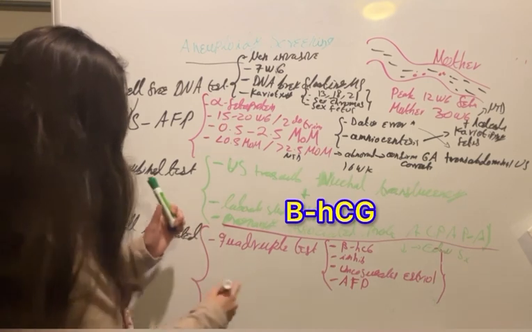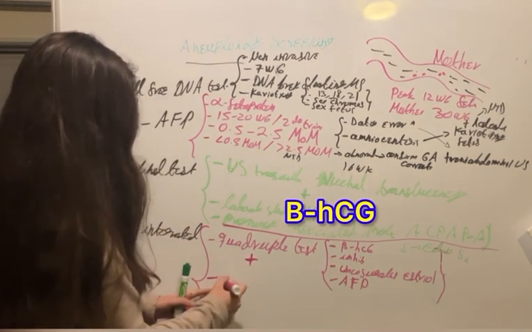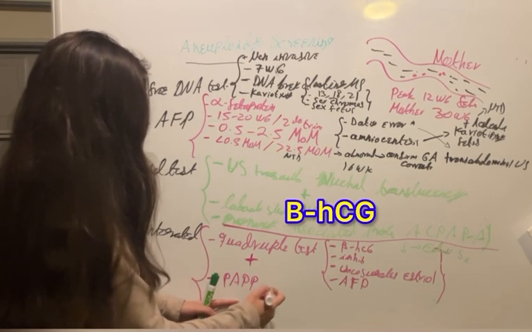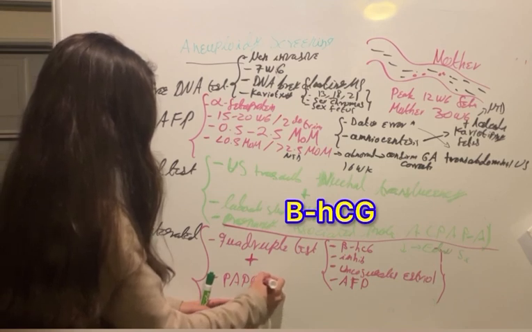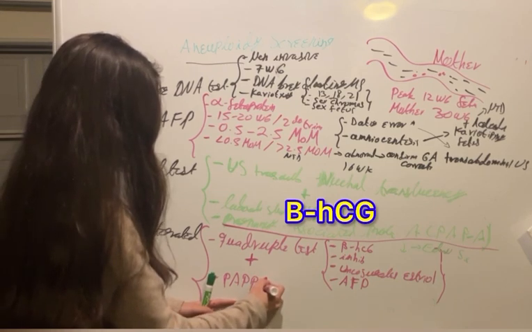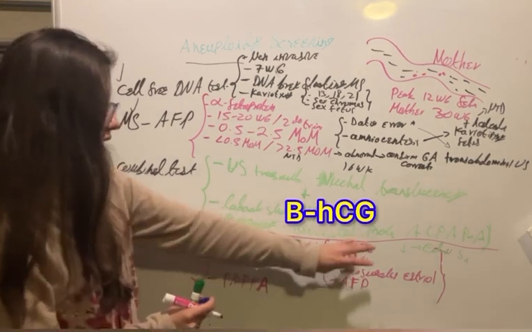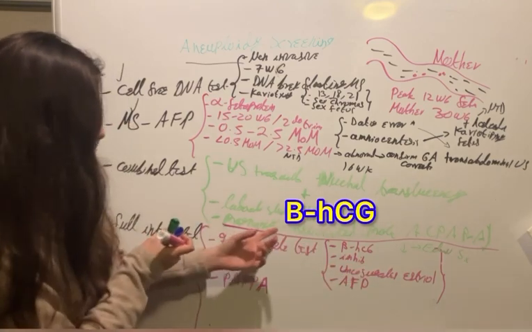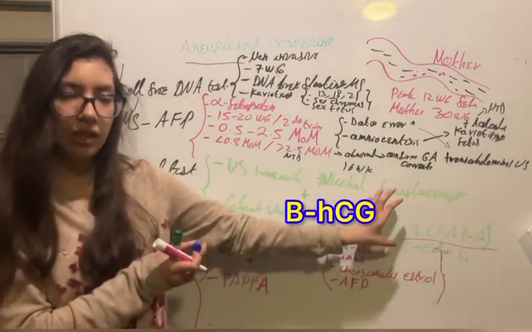Quadruple test plus the pregnancy associated plasma protein A. So now we have the quadruple test, which is all these 4 serum labs, plus this one, which we had in the combined test.